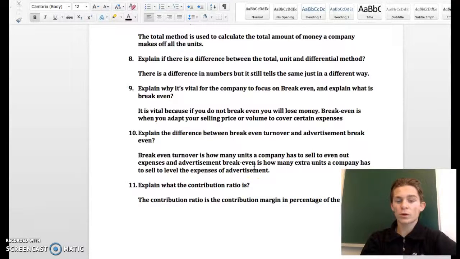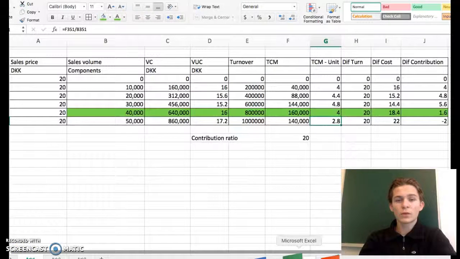You have to calculate the amount of units they have to sell extra to cover a certain advertisement. So let's say they use 100,000 on an advertisement, then they have to sell a certain amount of units to cover the expenses.